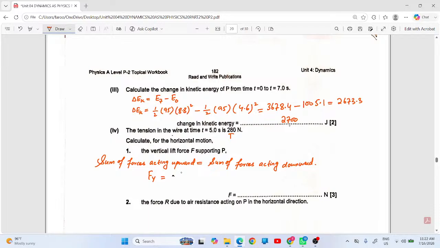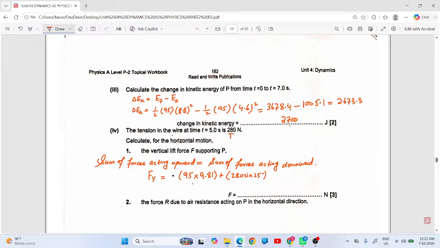So upward we have one force acting along y, which is F, the vertical lift. It equals the weight of the paraglider, 95 multiplied by 9.8, plus the second force, T sine theta, which is 280 sine 25.